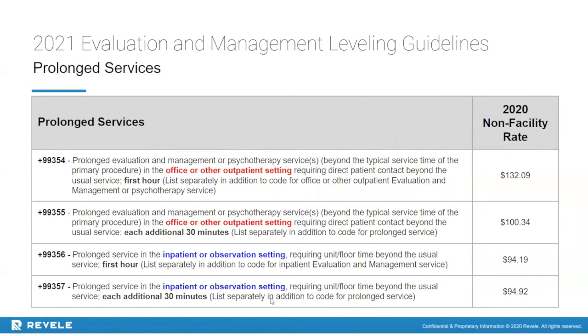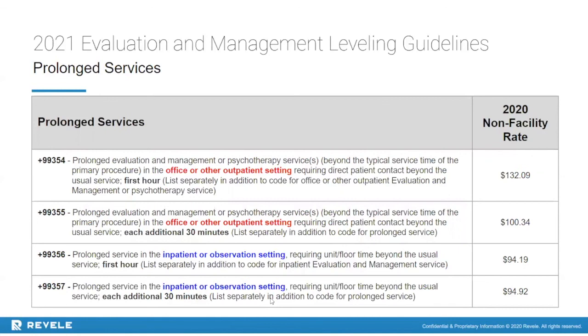All of these are add-on codes, but you can see they are separated by types of services, whether it be office or other outpatient services, or inpatient or observation settings, I'm sorry, settings versus services. And this is whether it's the first hour or each additional 30 minutes.